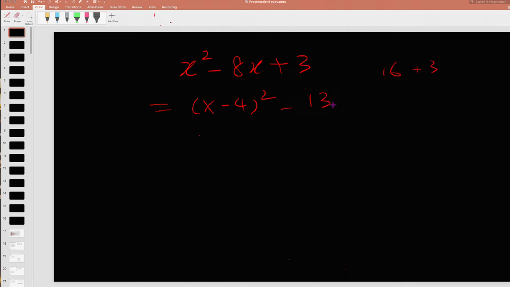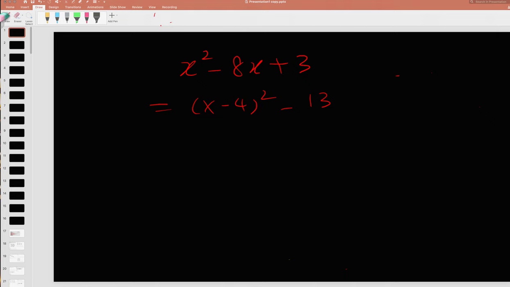So this is plus 16. You can use a calculator. So 16 plus c is equal to 3. So 3 minus 16 is minus 13. Okay, so it's minus 13. So you need a lot of practice. Okay, good. So this is the completing square, right?